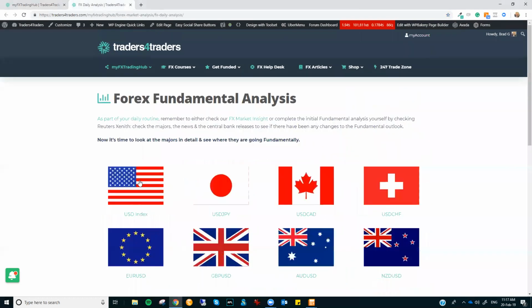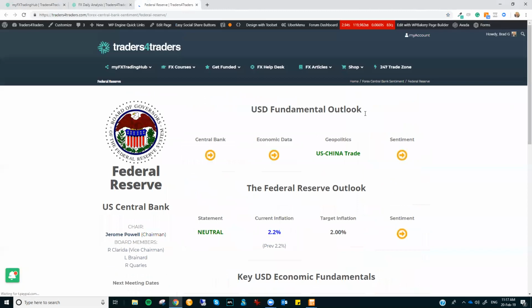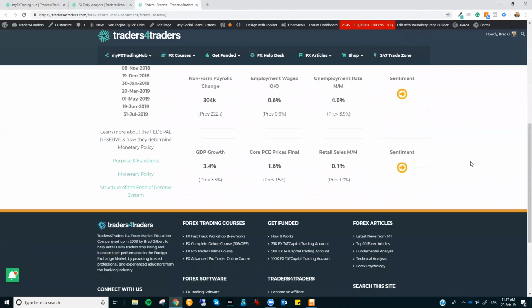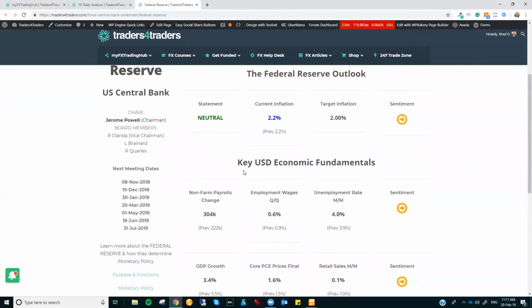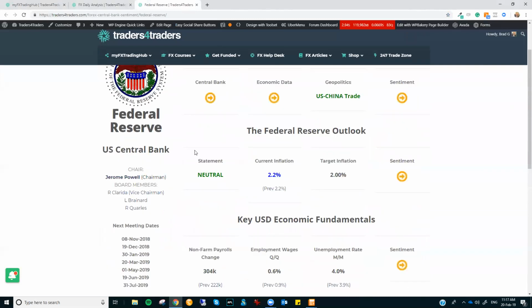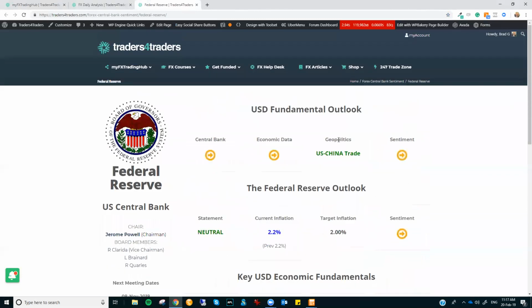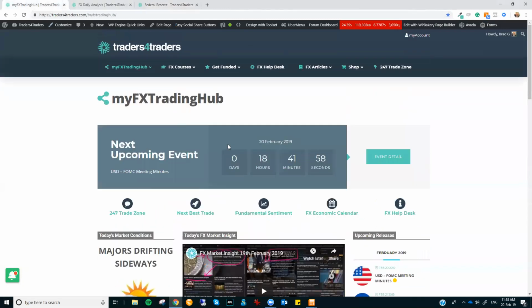But if you're looking for direction out of some of these pairs, what you can do is go into each of these flags and you'll find the overall fundamental perspective for the dollar and all the other major currencies. What we're doing is breaking it down into the components, so you can see the key economic fundamentals weighed up against the Federal Reserve outlook, and that's where you get the general direction for these currencies. It's going to be something good that you can really build your knowledge around.